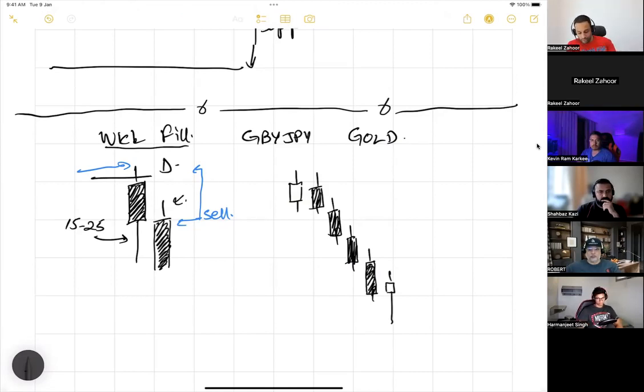Make sense? Actually, let's make it a little bit bigger, like this, right? So what do you got? We got 1, 2, 3, 4, 5, 6, 6 4-hour candles.